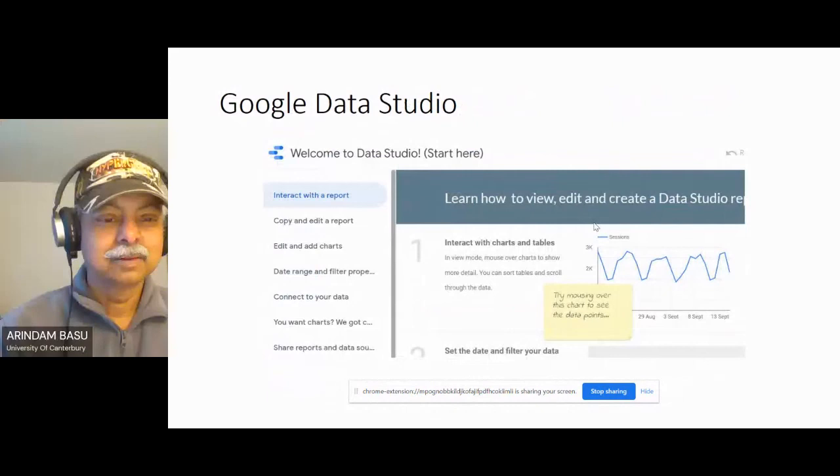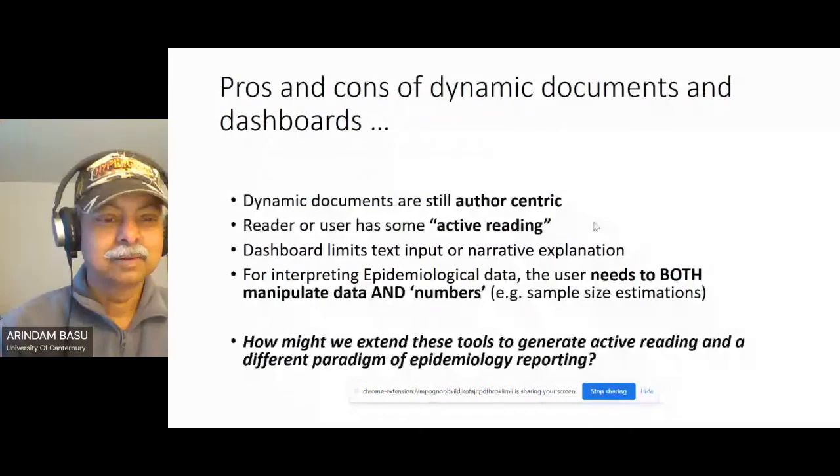So just manipulating data as in dashboards is not good enough or insufficient, and reading them on static text for the last 200 years that we've been doing is fair, but it still is not a very user-centric way of communicating information. So the question is, how might we extend these tools? And put in a different paradigm.